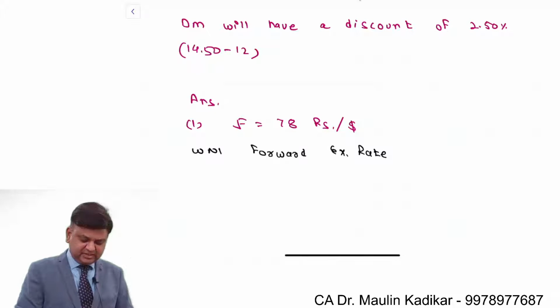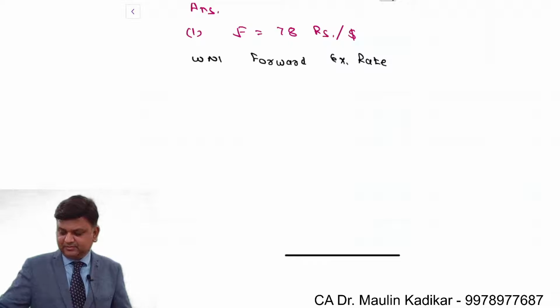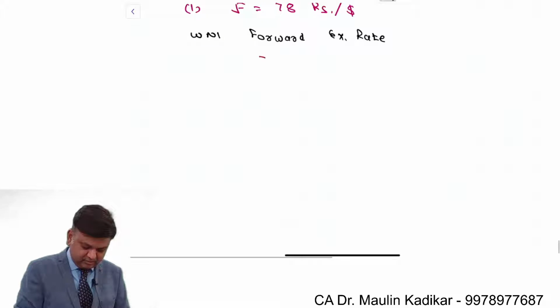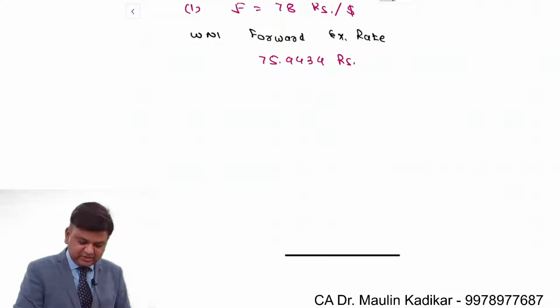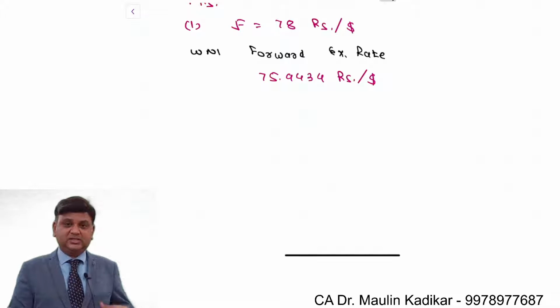Now we already have done this answer. So the forward exchange rate as per IRPT is 75.9434 rupees per dollar. Now actual forward exchange rate is different than this.